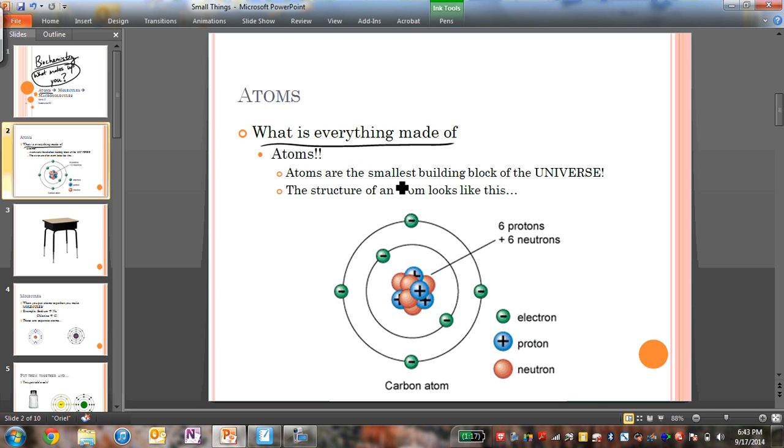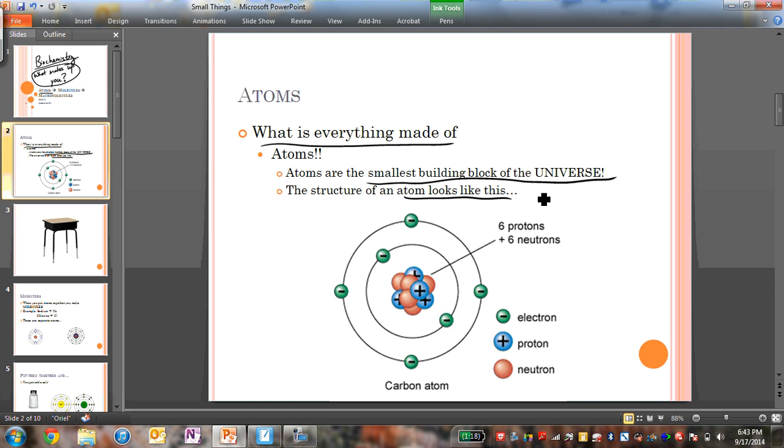Atoms are actually the smallest building block of the universe. So everything that has matter to it, or everything that you can, let's say, touch, all of those things are made of atoms.